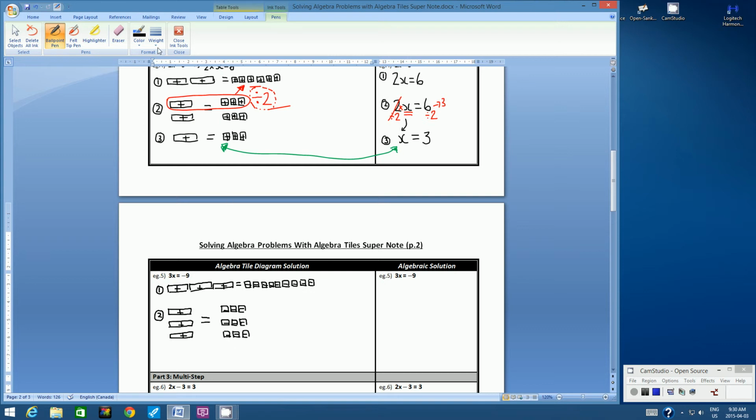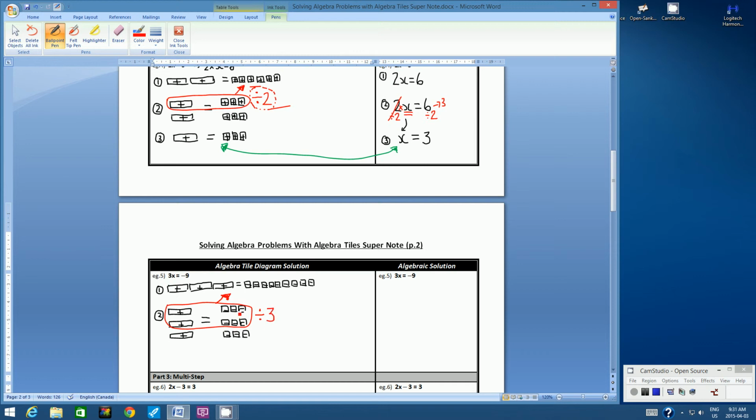Okay, so I only want 1 x to remain. So in this case, I have to put a circle around 2 of these groups. Okay, and I'm going to show them being taken away with an arrowhead. And you have to write here beside, we're dividing by 3.